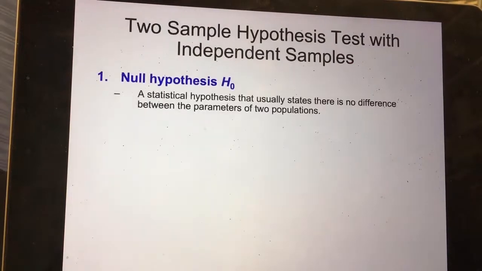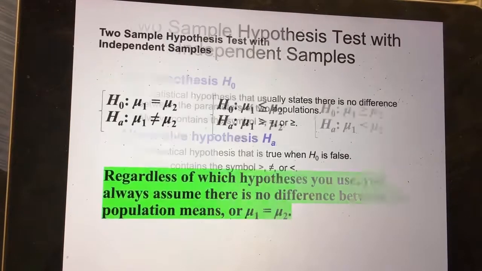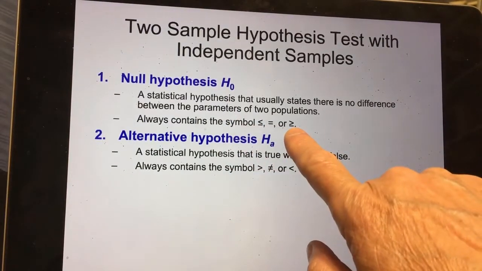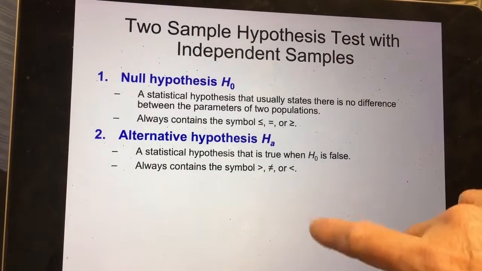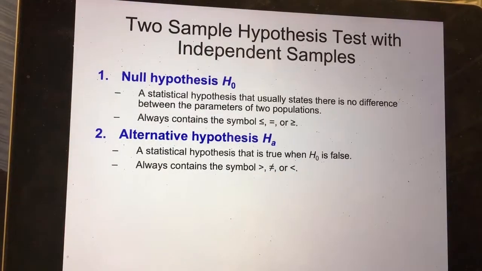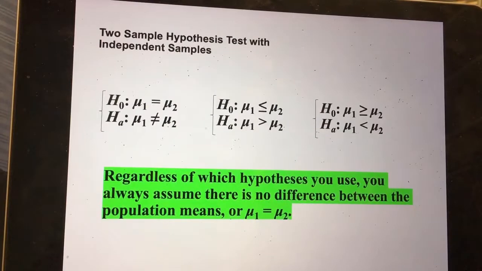That's pretty simple. Okay, so our null hypothesis is always going to be the one that has the equal sign in it. This is the same as from chapter 8. We went into null and alternative quite detailed in chapter 8, so hopefully you got that material already.